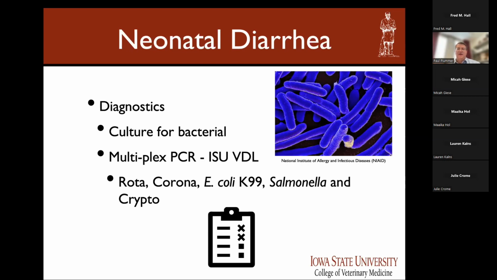And so, what I also want to point out is that it's not uncommon for this diagnostic to tell us that there's 2 or sometimes even 3 of these organisms present in a sample. And so, that can be a bit disheartening at times, but it just gets back to that this management is so key.